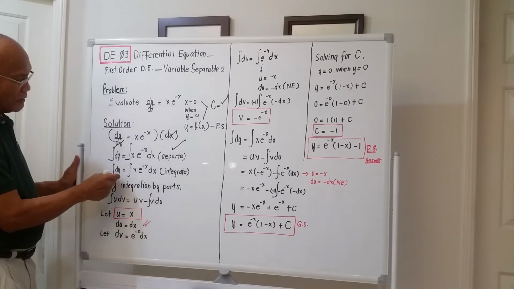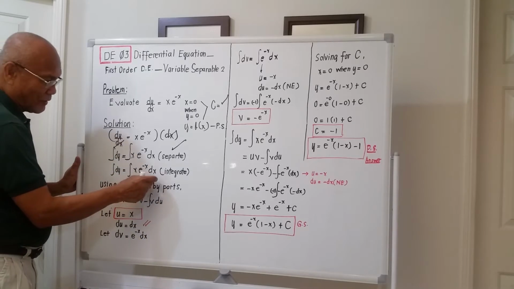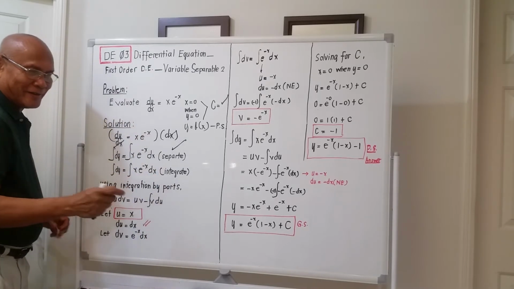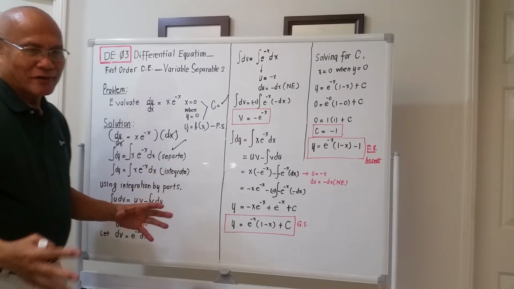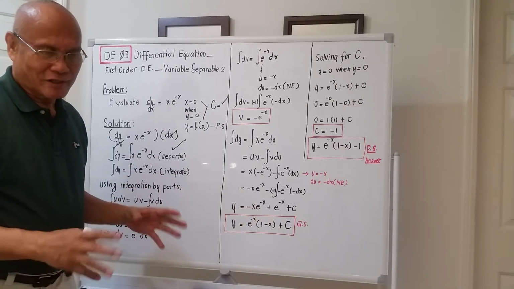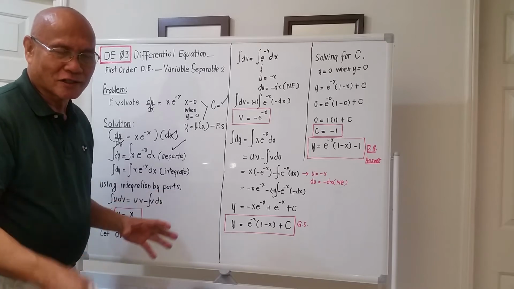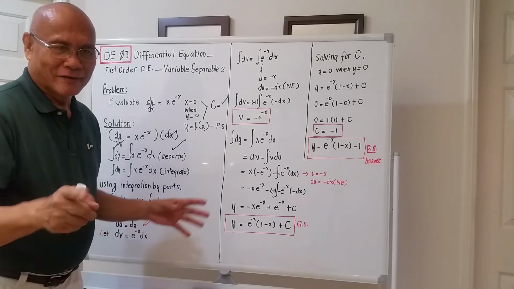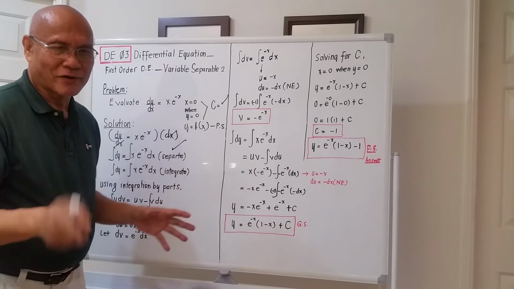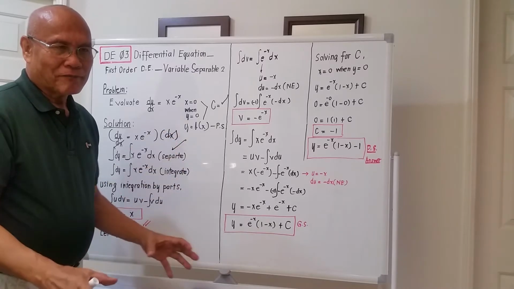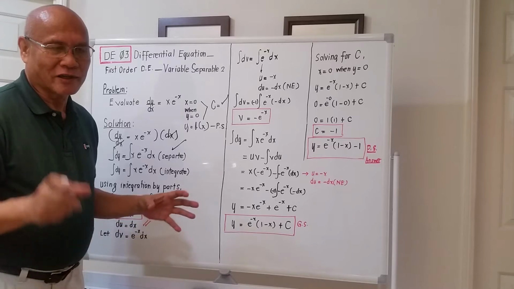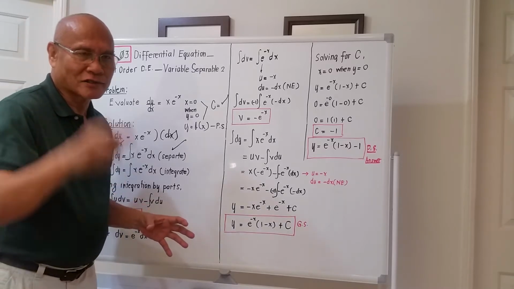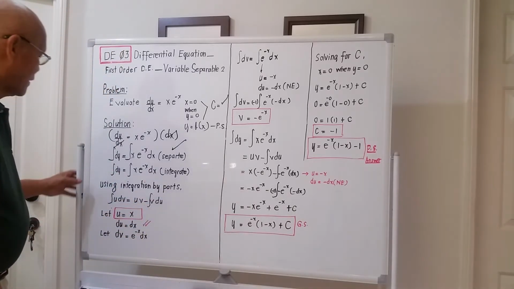There's a differential on the left hand side, there's a differential on the right hand side. So we are actually given a differential equation, because the definition of a differential equation is that it should contain differentials or derivatives. That's why in our first topic under differential equation I emphasized on the concept that the definition of a differential equation is that it should contain differentials or derivatives.